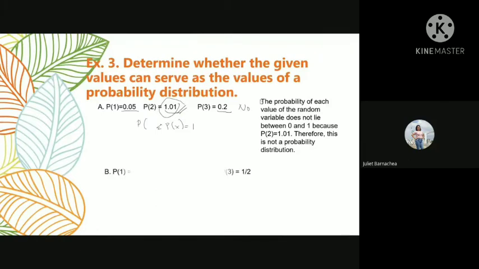Next, B. How about 3B? No na agad. Ang first nyong i-check ay kung ang probability of X is between 1 and 0.